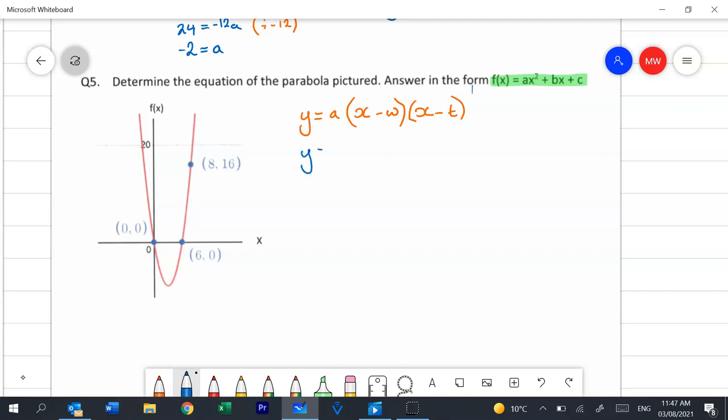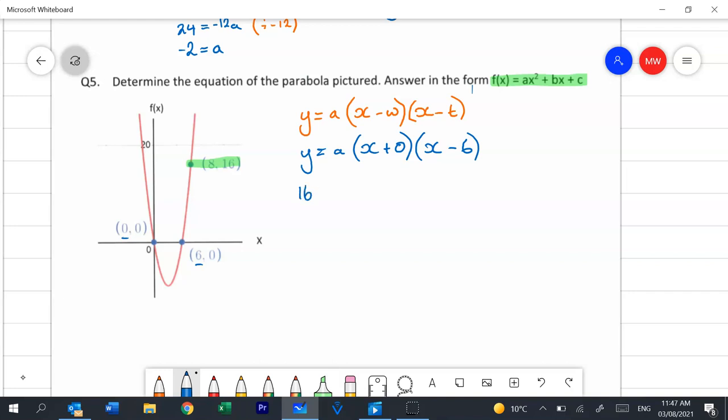We've got y equals an unknown a, (x plus nothing), (x minus 6). So again, they've come from 0 and 6. Now we've got this random point on the line, which we're going to pinch its x and y values to find out what a is.